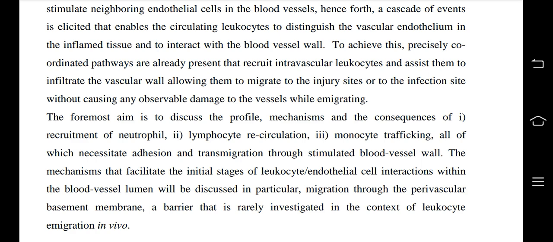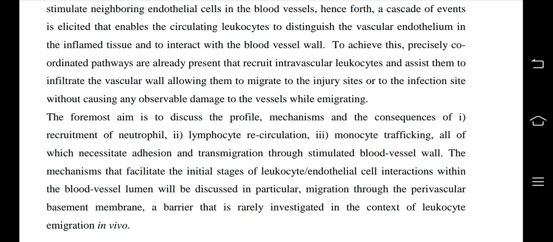To achieve this, precisely coordinated pathways are present that recruit intravascular leukocytes and assist them to infiltrate the vascular wall, allowing them to migrate to the injury or infection site without causing any damage to the vessel while emigrating.